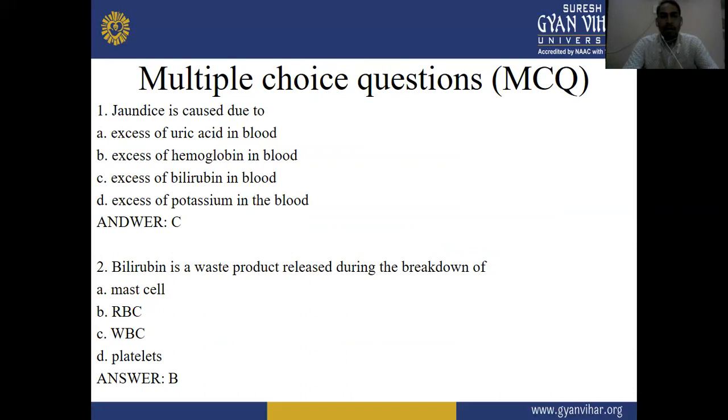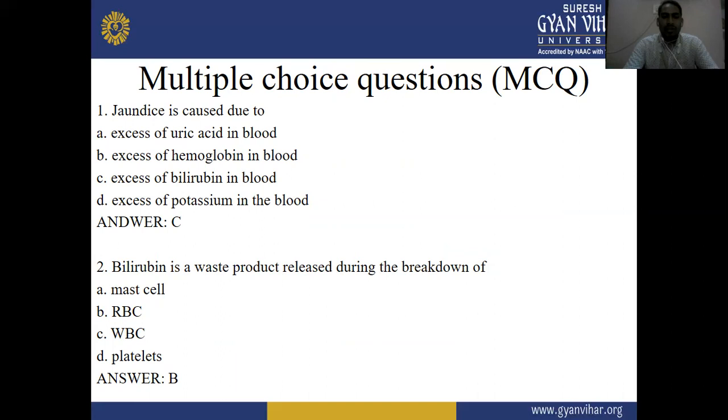Next one is multiple choice questions, MCQs, regarding jaundice. First question: jaundice is caused due to: option A, excess of uric acid in blood; option B, excess of hemoglobin in blood; option C, excess of bilirubin in blood; and option D, excess of potassium in the blood.